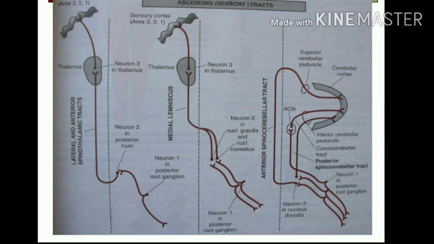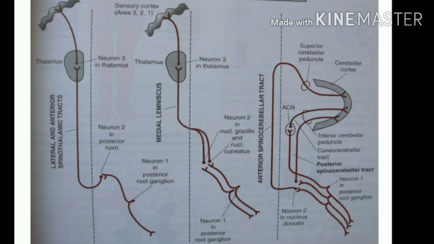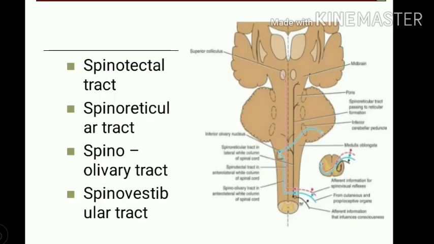You can see here the first one, the spinothalamic tract, lateral and anterior spinothalamic tracts. This is the medial lemniscus, also known as dorsal column tracts, and these are the anterior and posterior, or ventral and dorsal, spinocerebellar tracts.